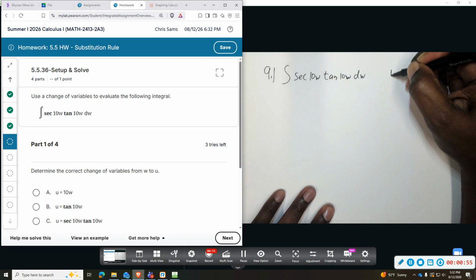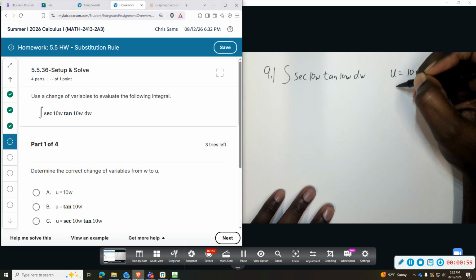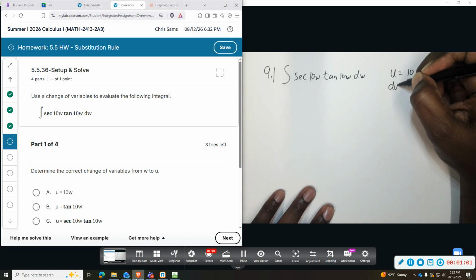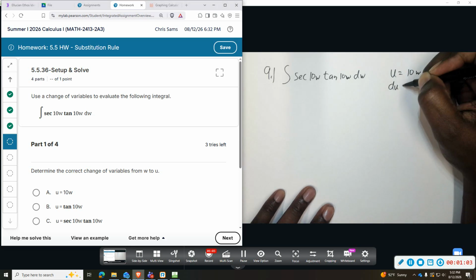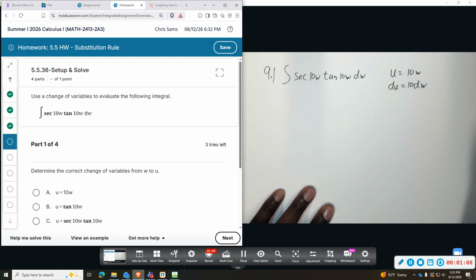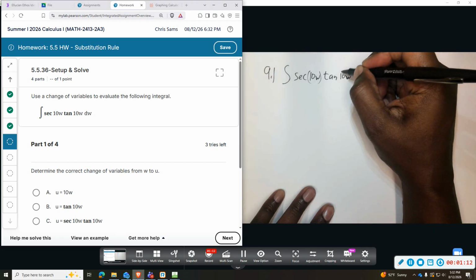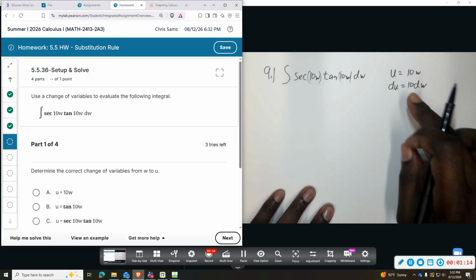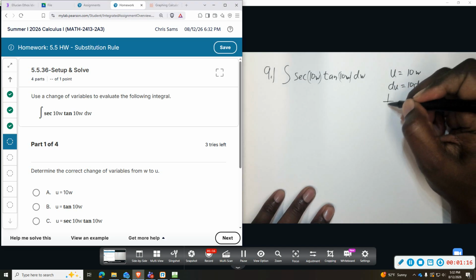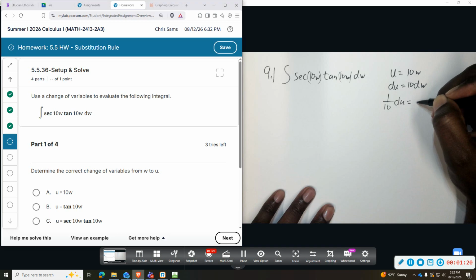So if u equals 10w, du, the derivative of this, will just be equal to 10 dw. Don't have a 10 over here besides the argument, so we can't use that one. It's inside of an argument. So 1/10 du will equal dw.